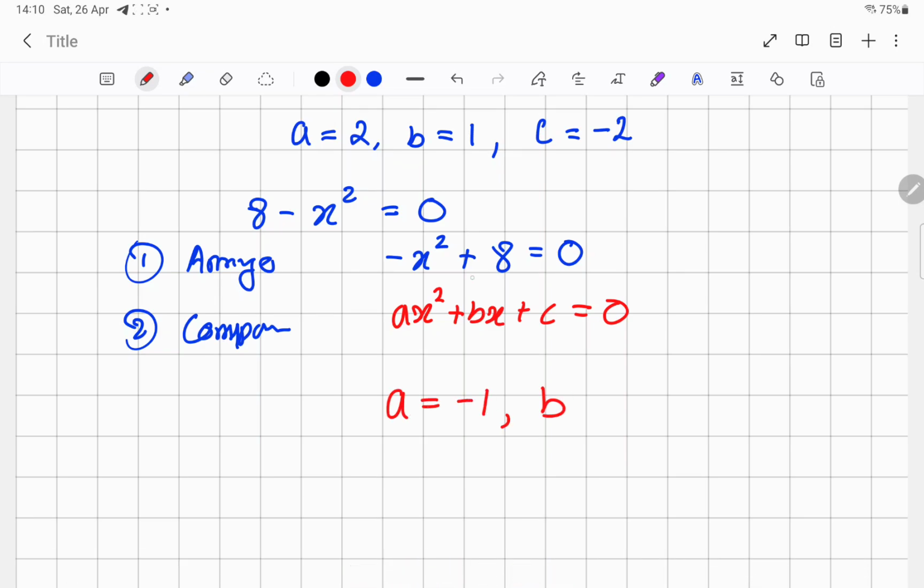Your b is 0, because you don't have x here, which means you have 0x plus 8 equals 0. So b equals 0, and finally c equals 8.